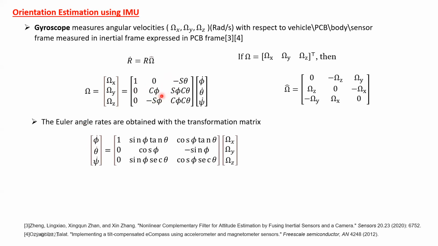But the drawback with the Euler angle parameterization is that if I take the determinant of this transformation matrix T, we get cos theta, which has a singularity at theta equal to plus or minus 90 degrees. We call this the singularity issue, and it's not very difficult; we can see it in a Raspberry Pi demo.